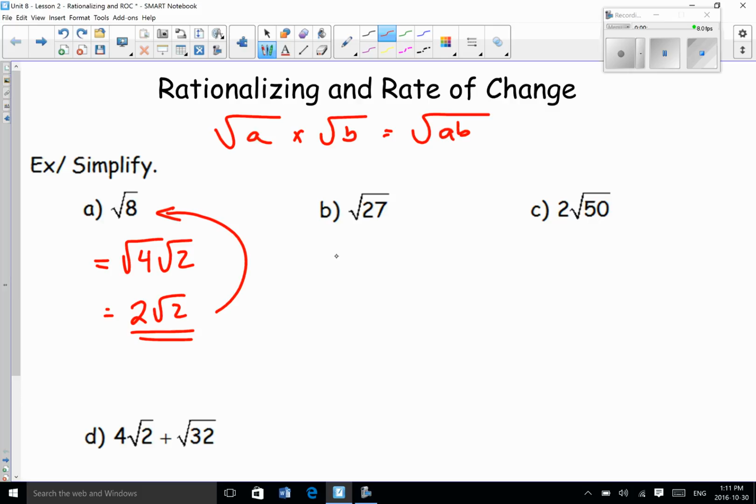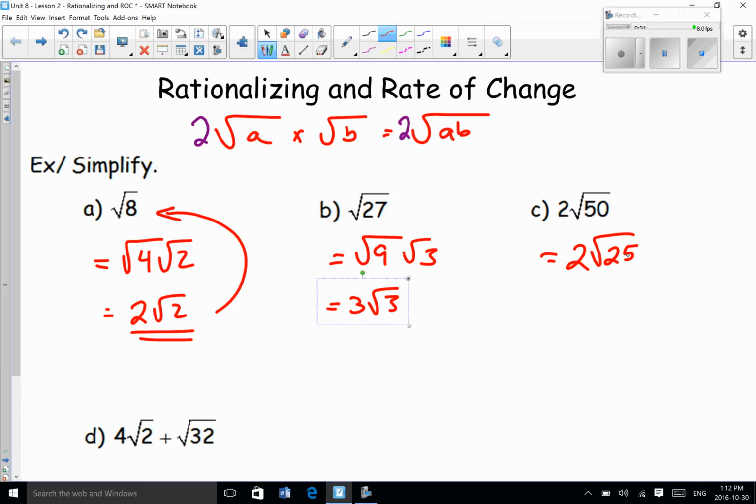Okay, so root 27, the perfect root would be root 9, the non-perfect would be root 3, or in other words, 3 root 3. If you have a number in front, a coefficient, for instance 2 root 50, we could break that into 2 times root 25 times root 2. So if we get something like that, we can keep the coefficient out front, the perfect root, the non-perfect root.